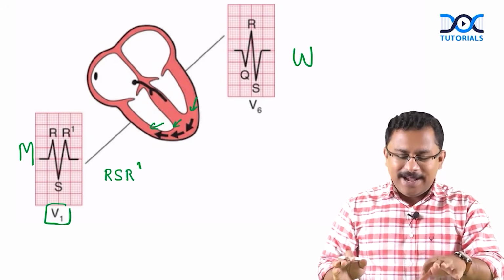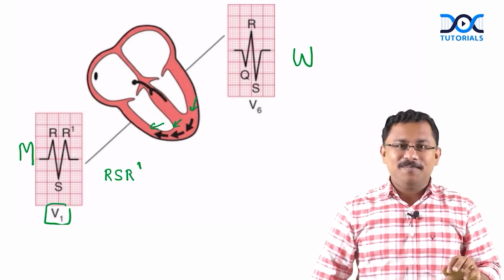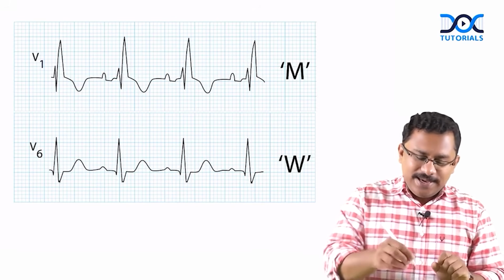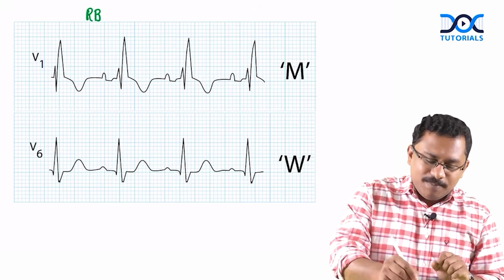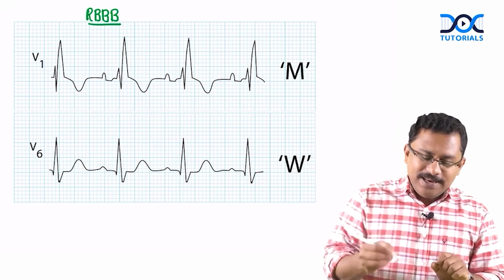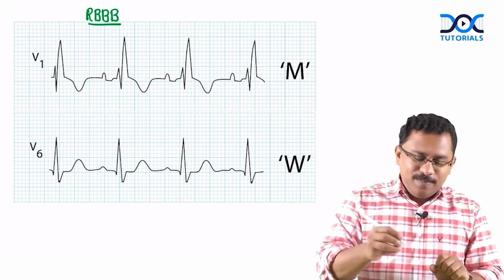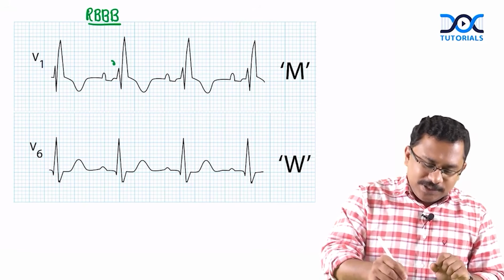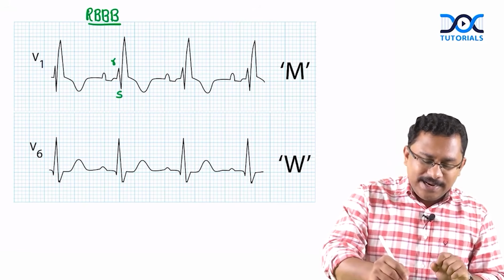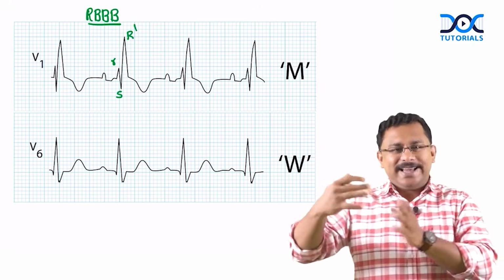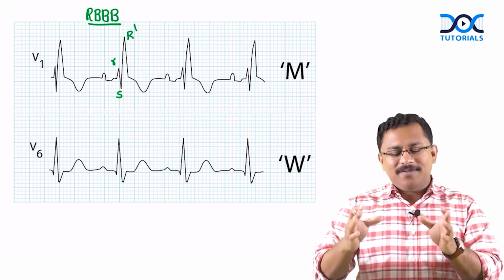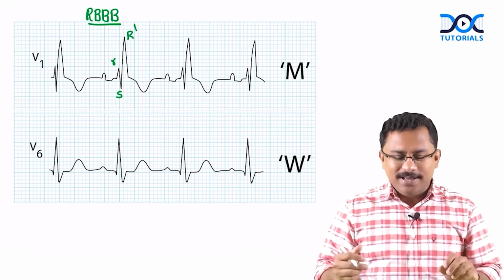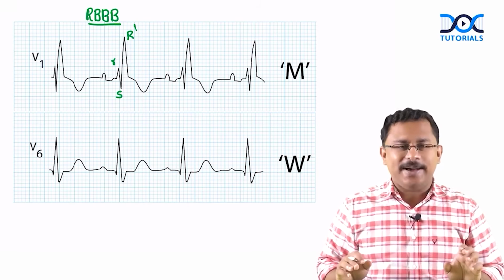Alright, so that is what happens in right bundle branch block. So once again, just to reinforce, in RBBB, in V1, there will be an RSR dash pattern. Some people write this with small r, S and R dash, because the second R will be a larger R wave. So the initial one is small r, and this is an RSR dash pattern.